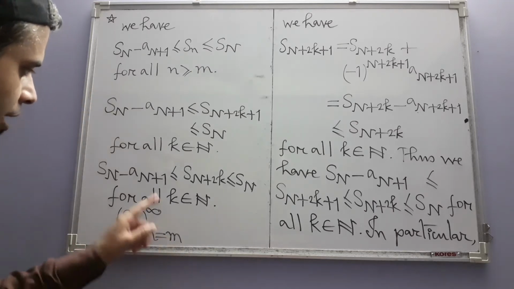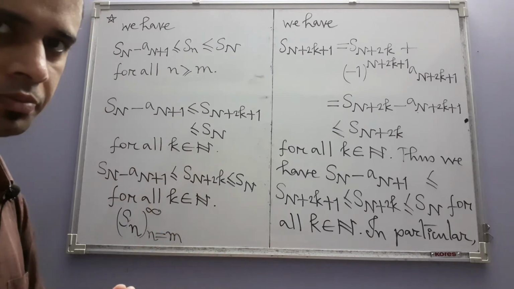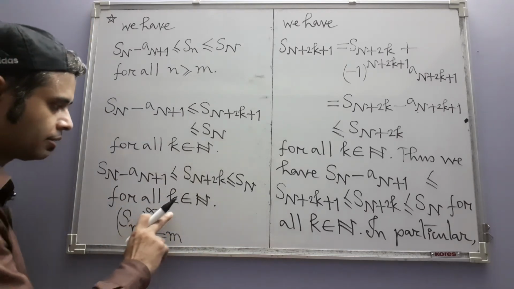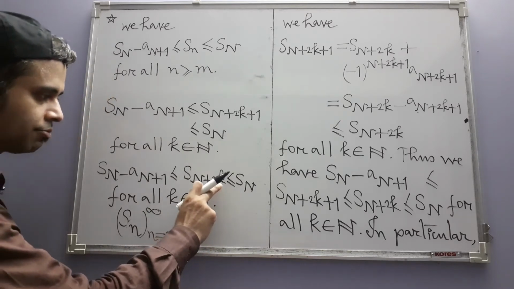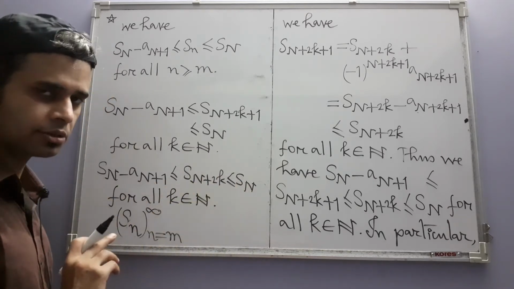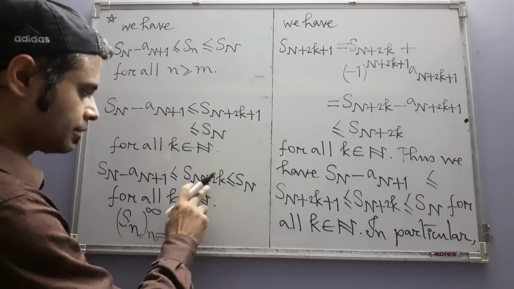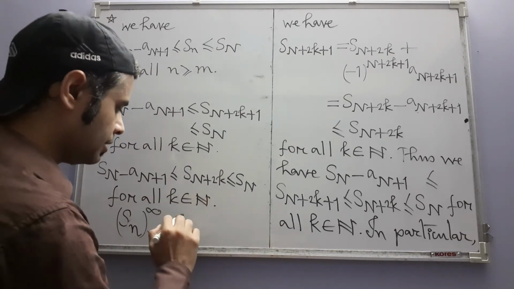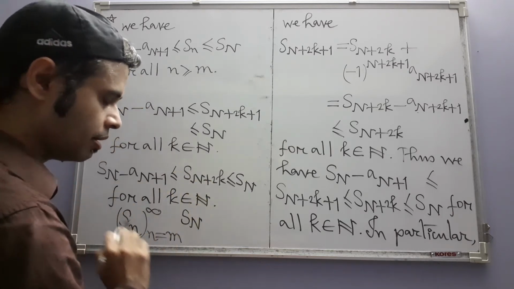Now, both these sets of inequalities are true, and in fact they are true for all natural numbers n. As you vary, for example, in this second set of inequalities, k over the natural numbers, what are the terms that we get? We get S_n, which lies here in the middle.